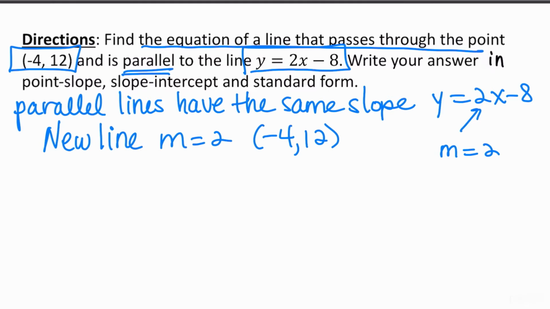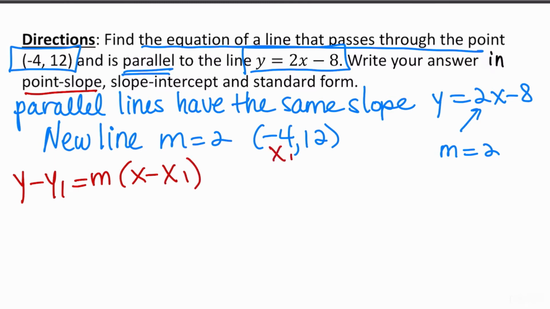Now I can go ahead and figure out the equation of my new line. For point-slope form, we have the equation y minus y1 equals m times x minus x1. Here, the x1 and y1 represent the x and y coordinates of the point.